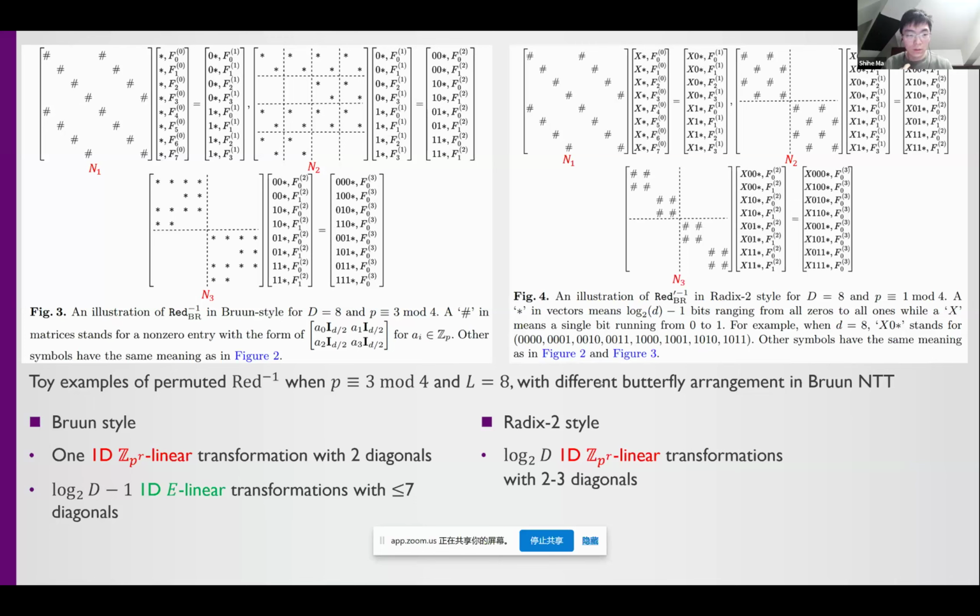The first NTT matrix will be a one-dimensional Z_p^r linear transformation with 2 diagonals, and the other ones will be one-dimensional E-linear transformations with up to 7 diagonals. In the second style, we call it the radix-2 style. All the matrices will be one-dimensional Z_p^r linear transformations with 2 to 3 diagonals.